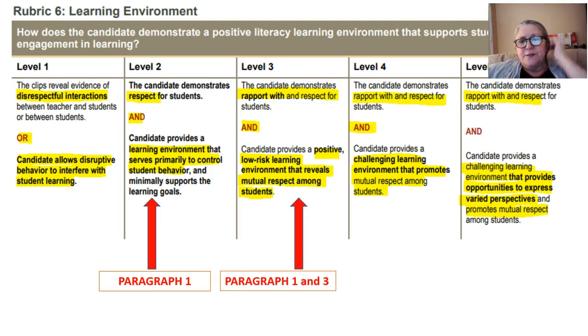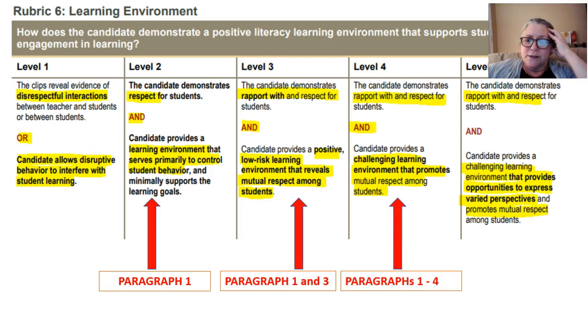Paragraphs 1 and 3 support your level 3. Rapport, respect, positive low-risk learning environment that reveals mutual respect among students. Paragraphs 1 and 4 get you a level 4. Again, rapport and respect, same as this, but now we're adding not just the positive low-risk environment, but a challenging learning environment that promotes mutual respect.